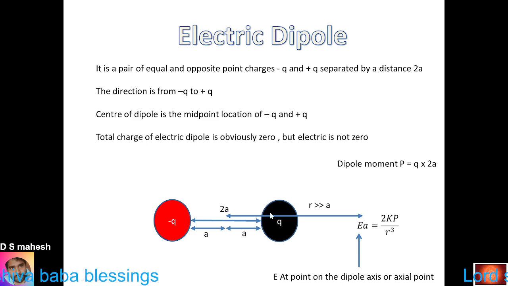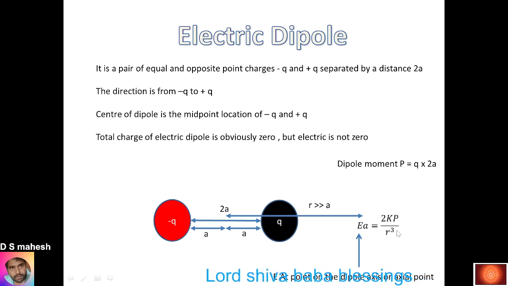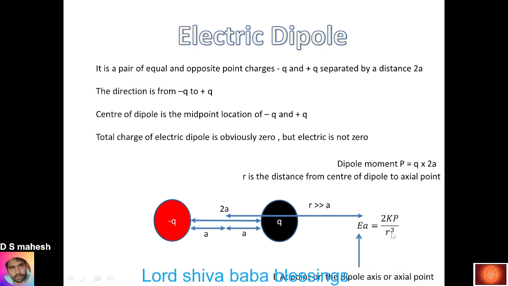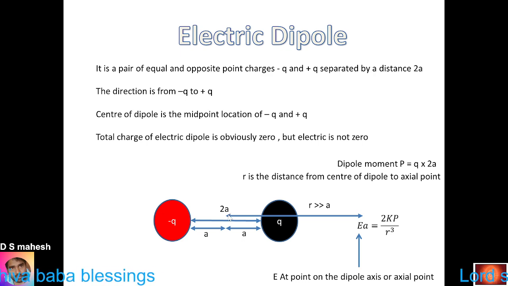As you know, the distance between the two charges is 2a, so p is q multiplied by 2a. And r is the distance from the center of the dipole to the axial point where we are trying to find the electric field.